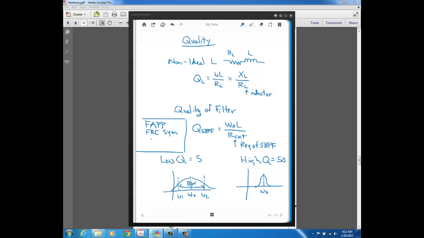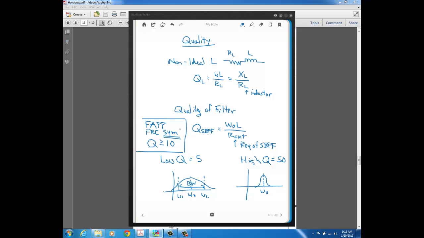And that special case is when the Q of the filter, so if we had a Q of a series bandpass filter that was at least 10 or greater, well then you can say that that bell-shaped curve, that frequency response curve, is symmetric, okay, meaning that the distance between the resonant frequency and the higher cutoff and the resonant frequency and the lower cutoff are essentially the same.